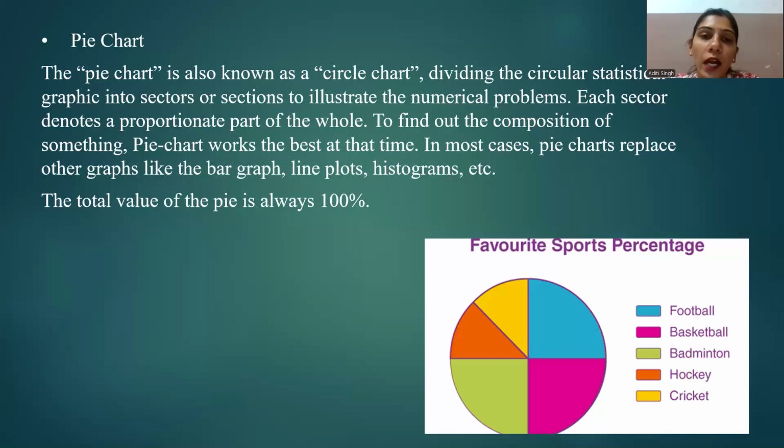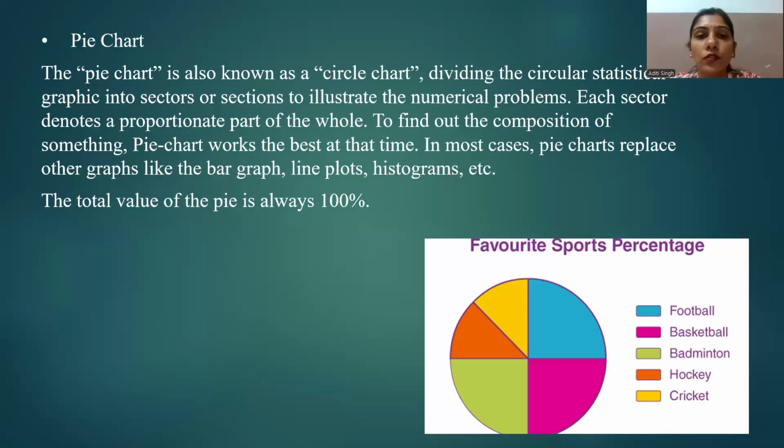Pie charts make complex data into simpler visual breakdowns, like percentages, which are easy to understand.